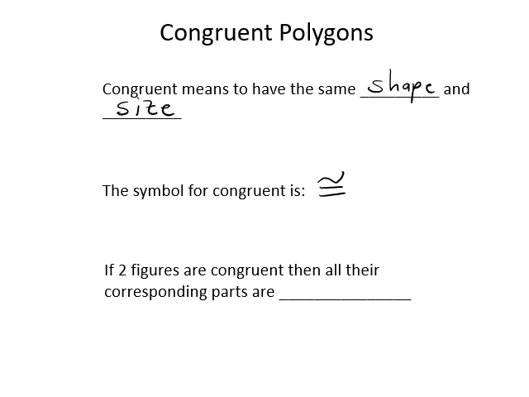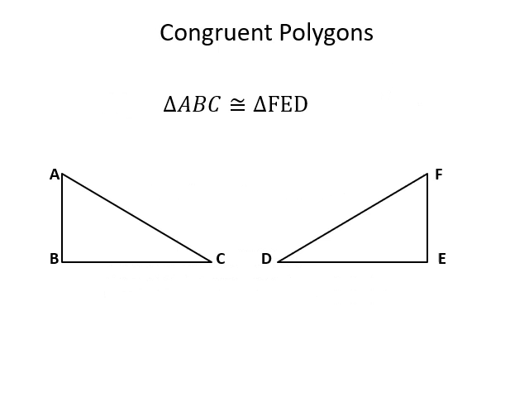And if two polygons are congruent, then all of their corresponding or matching parts are congruent. So basically, if I have two shapes that are congruent, I can tell you that the angles are the same, that the sides are the same.